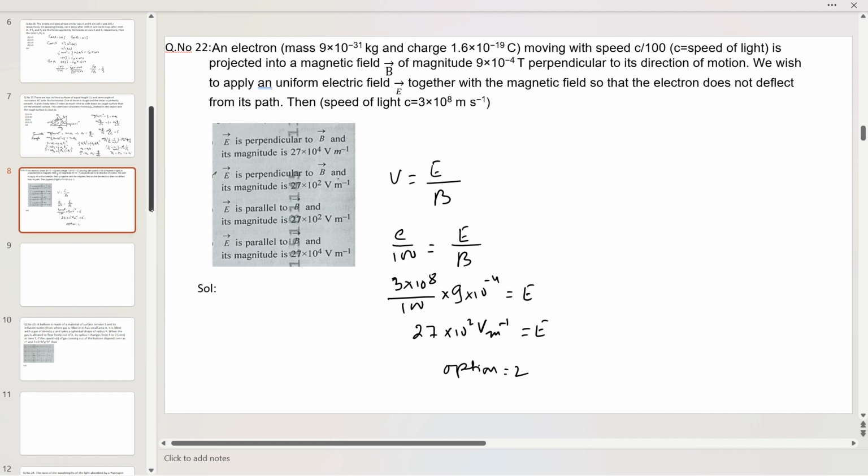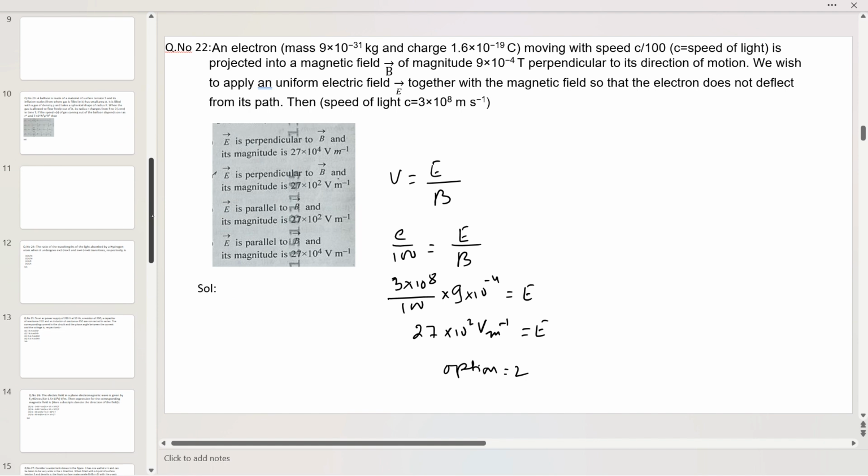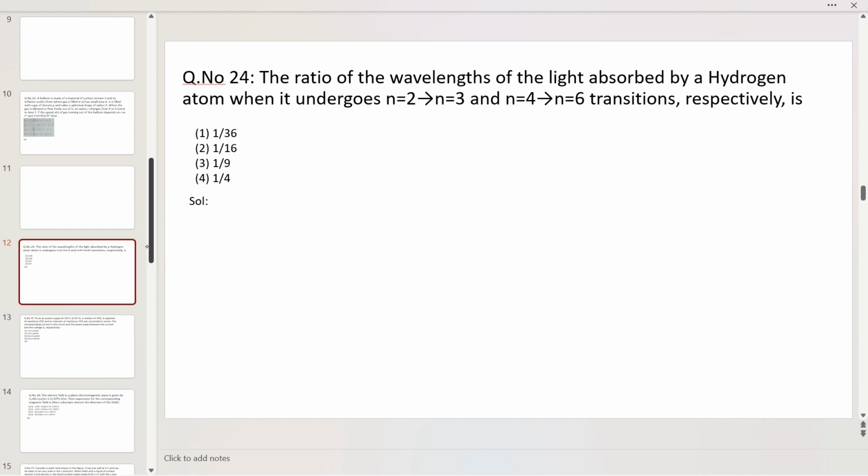Going to the next question. Your next question is the ratio of the wavelength of light absorbed by a hydrogen atom when it goes from n equal to 2 to n equal to 3, and from n equal to 4 to n equal to 6.